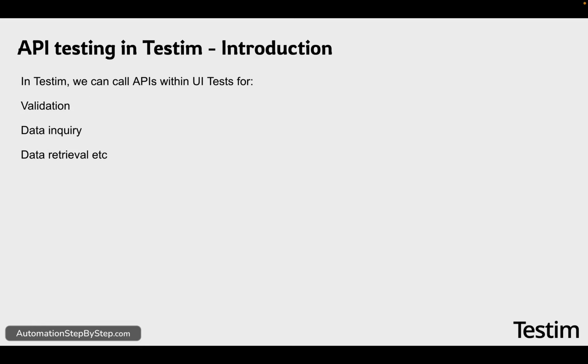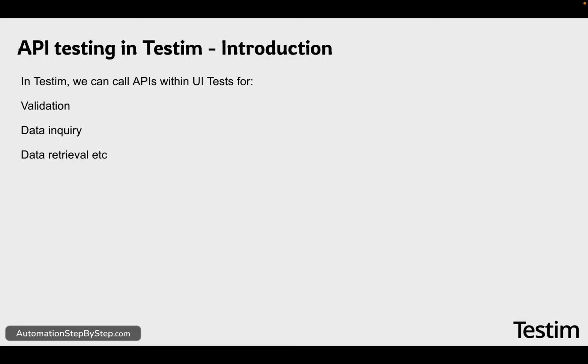So maybe for our tests we need some data from the backend, from the database, and if we have APIs available with us, we can use the APIs, get the data, and then store the values and can use it in our subsequent steps.